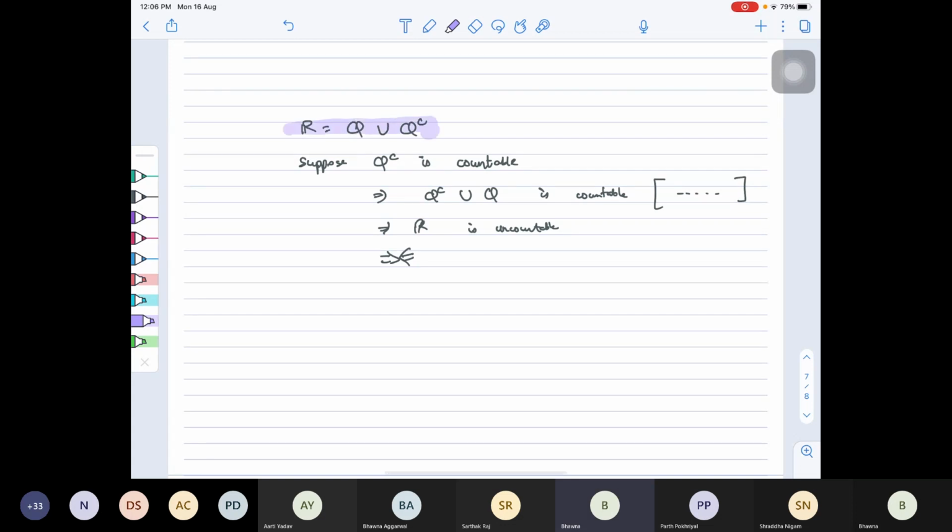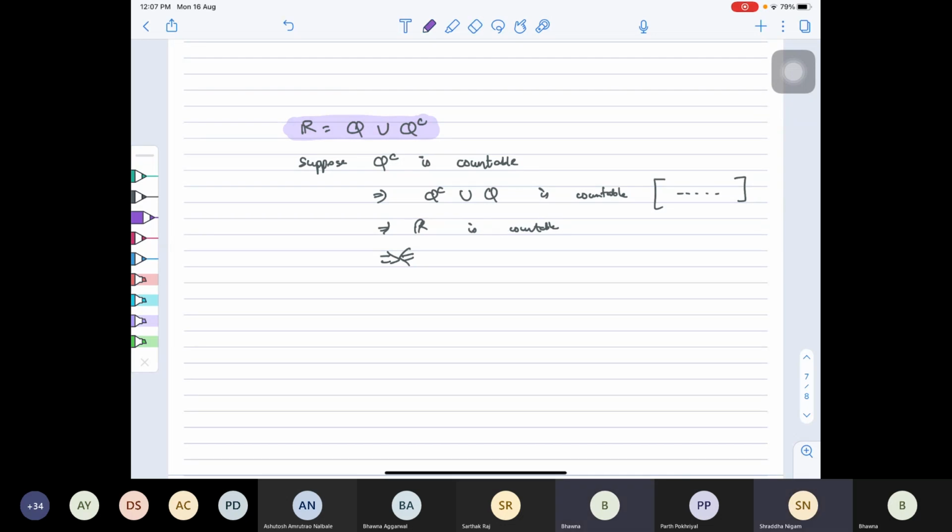You have known that R is equal to something. From there, you approach the problem by stating a correct reason. Here we are supposing Q is countable, then we have to prove Q is countable. Suppose rational is countable. So again, now you see irrationals are countable and the real numbers are uncountable.